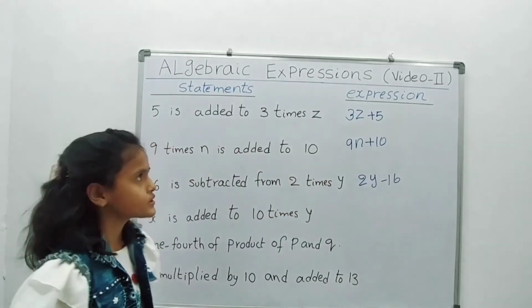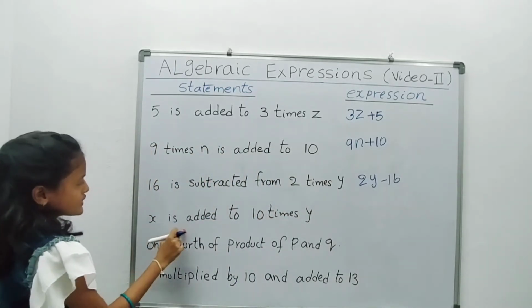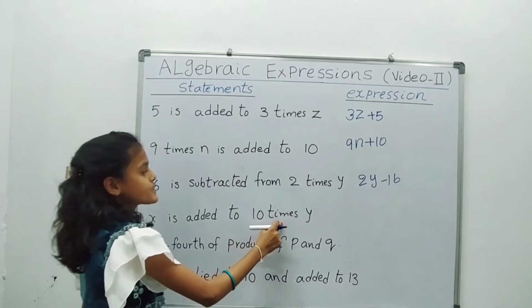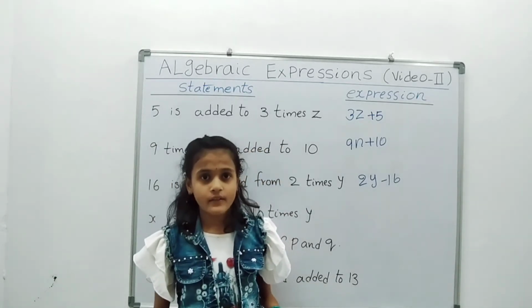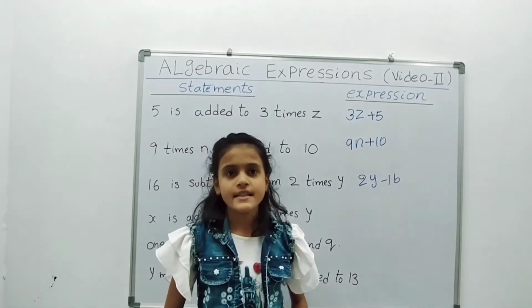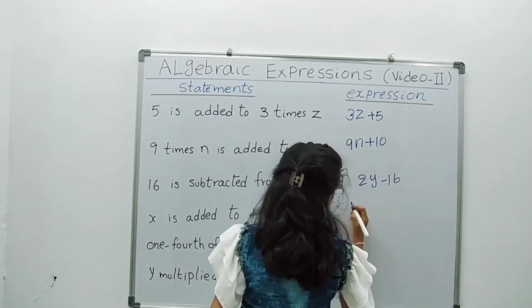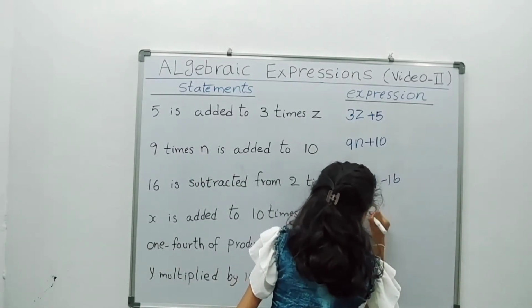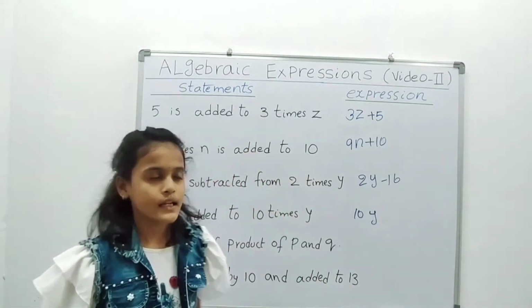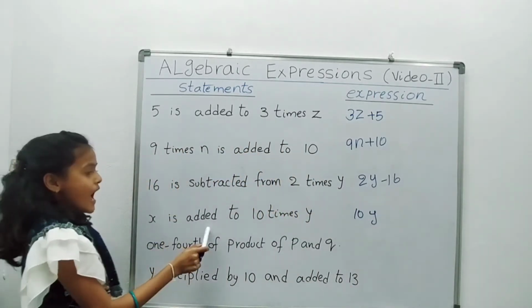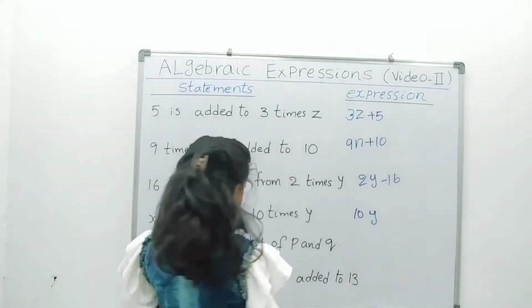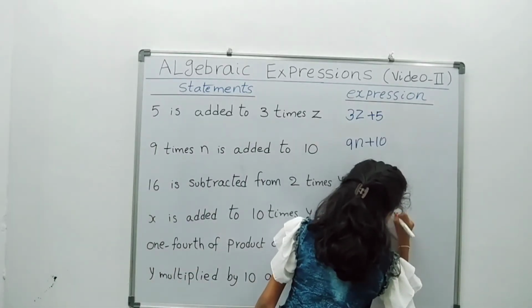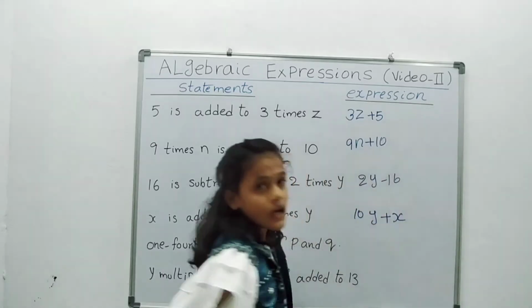And the next statement is x is added to 10 times of y. 10 times of y is 10 into y is 10y. And next, x is added, 10y plus x.